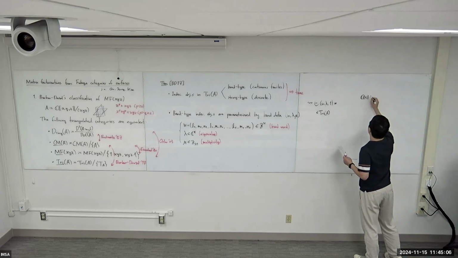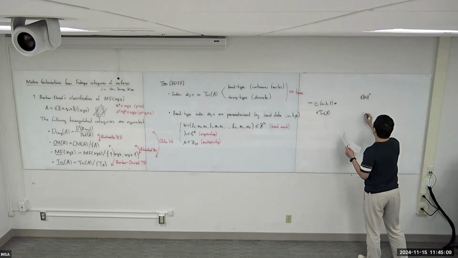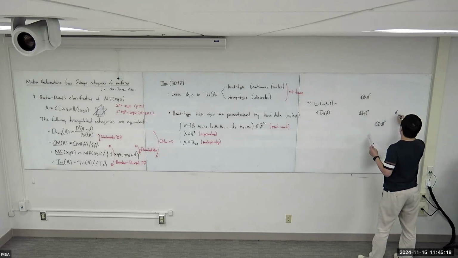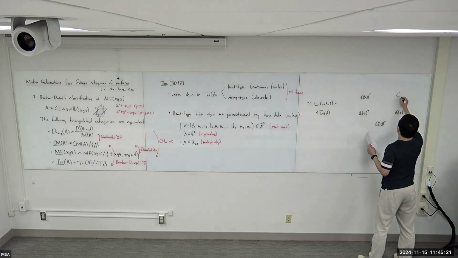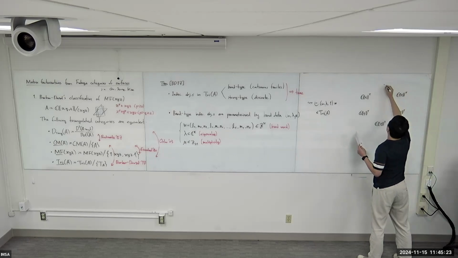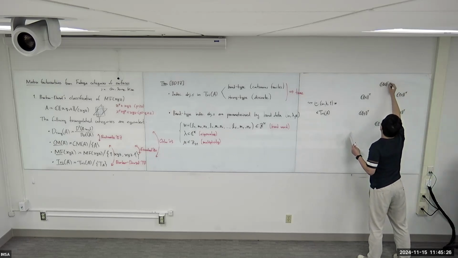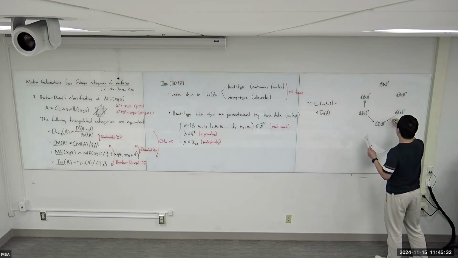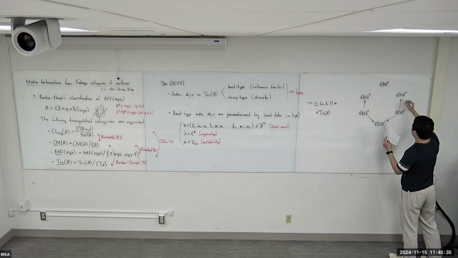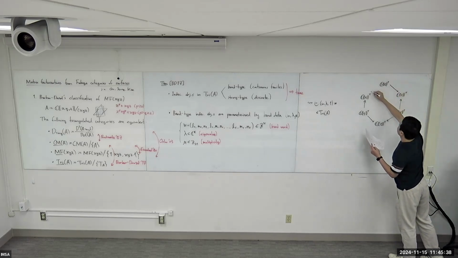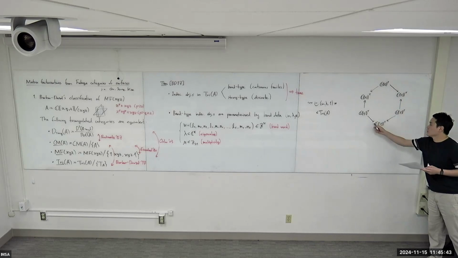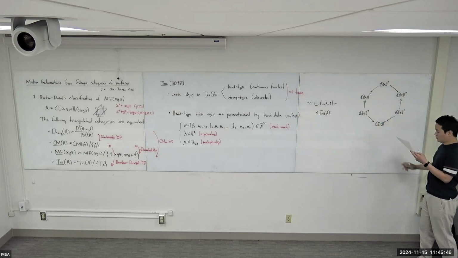Then we have 6 vector spaces over the Laurent series field, which form this kind of hexagonal figure. And there are 6 gluing maps, which are linear maps for each arrow.